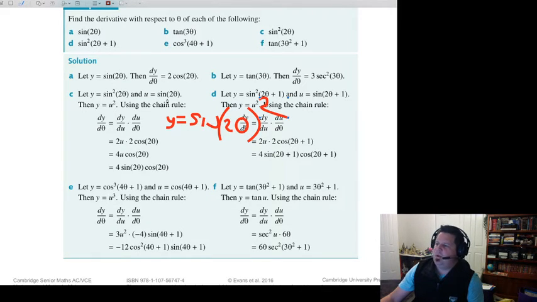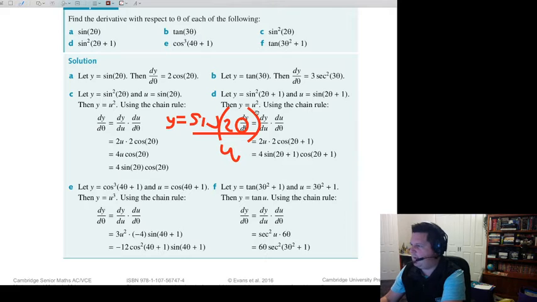If you had to apply the chain rule, this here is u squared. Y equals u squared, with the sine 2 theta part being the u part. Even though it's not written like that, that's really what's going on.